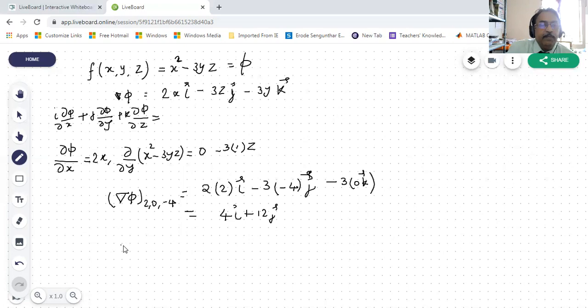Now what you need is del phi dot a. That is what the question asks: del phi dot a vector. Del phi is a vector, and del dot phi is a scalar, so you have to differentiate between del phi and del dot, the dot product.